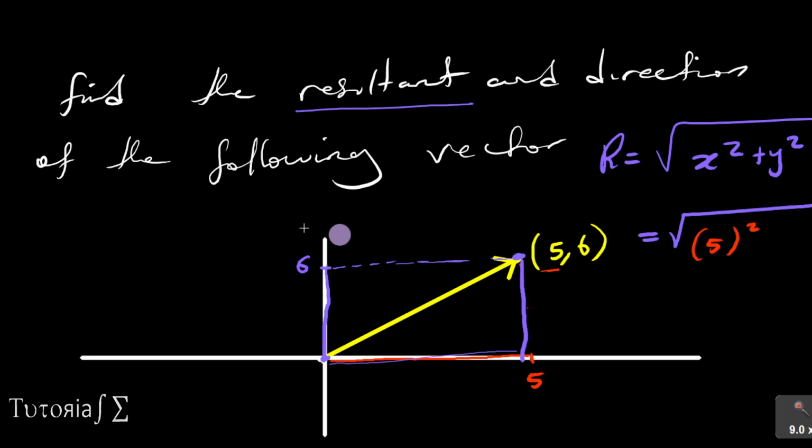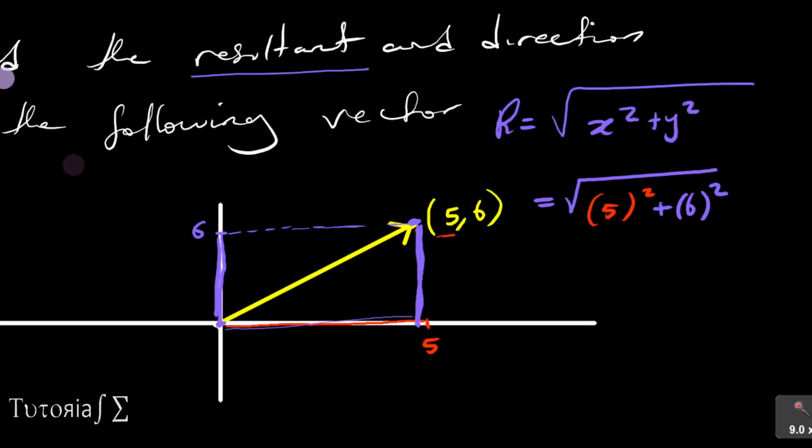Then for the y part, which is this length, equal to this length here, so we just project it here, that is plus 6 squared. Okay, so that is 6 squared. So now we can simplify and find our resultant as root of 25 plus 36.